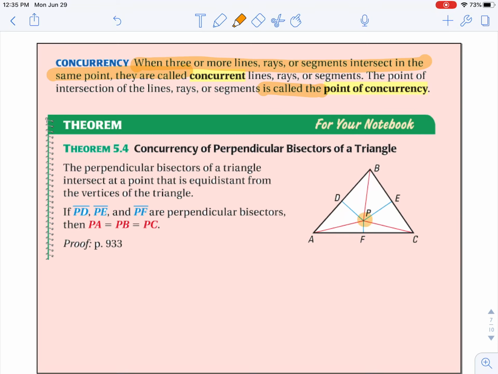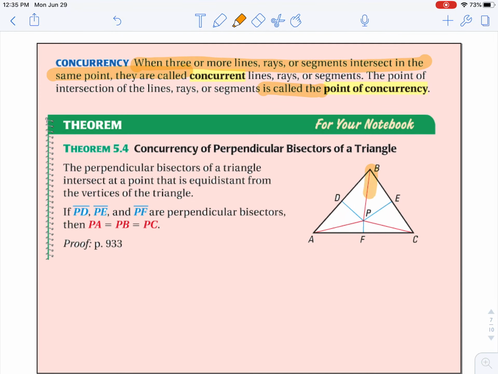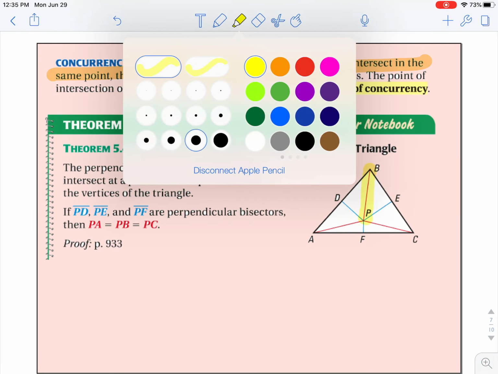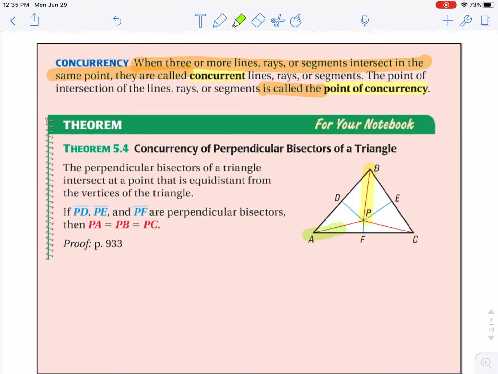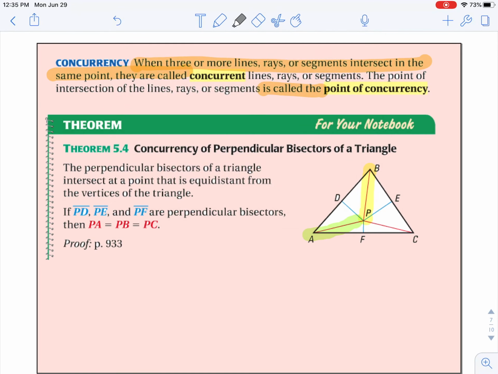P right here is the point of concurrency, because you have BP and AP and CP right there, and where those three lines intersect is called the point of concurrency, P.